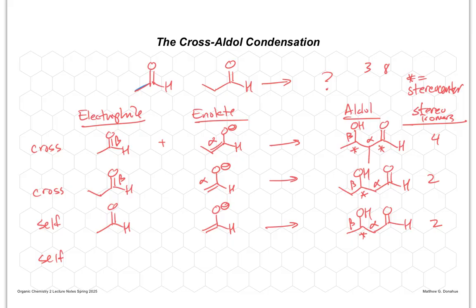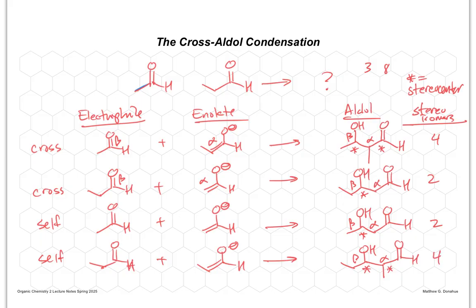And then the last pathway is the self with the propanal. And again, that has 2 stereocenters. So total, that's going to give us 12 possible products.